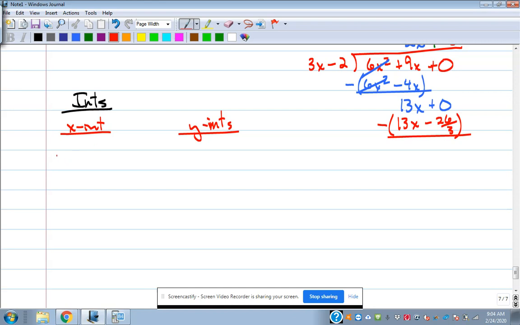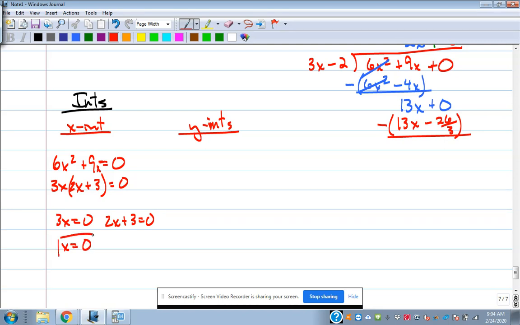So the numerator is 6x squared plus 9x equals 0. We factor that: 3x times 2x plus 3. 3x equals 0, 2x plus 3 equals 0, x equals 0, x equals -3 over 2. We have two x-intercepts here, (0, 0) and (-3/2, 0).